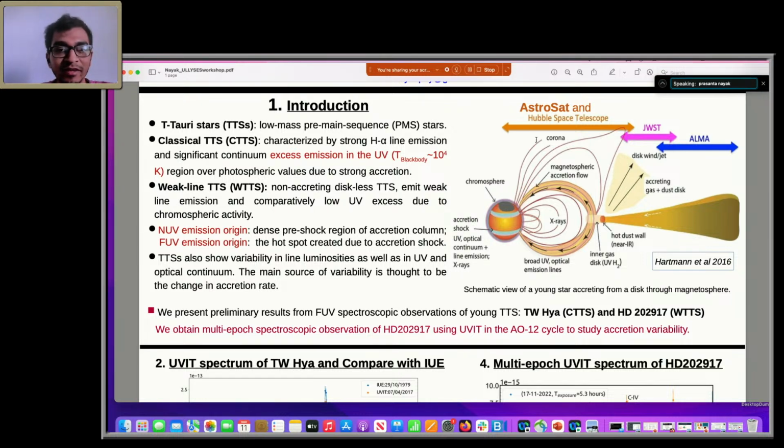Then we also compared it with a different epoch of observation using HST as a part of the Ulysses target. And we saw that if we degrade the HST spectra to the resolution of UVIT, we can see the variability not only in the line luminosity, but also in the continuum.